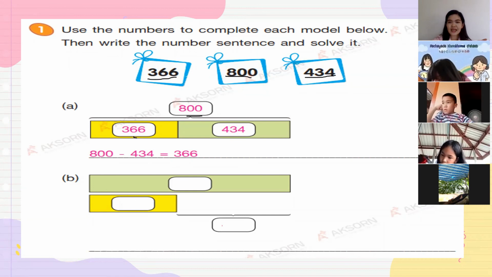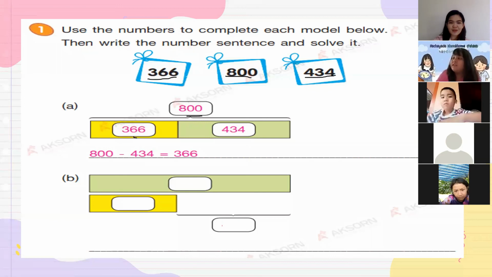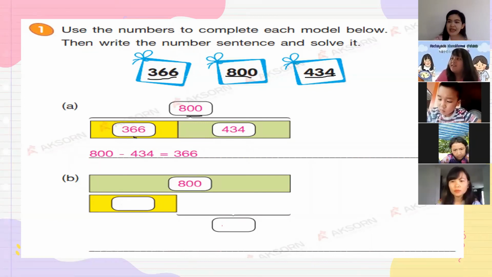Did you understand? Okay, so next, for the letter B, since 800 is the bigger number, you're going to look for the box here.